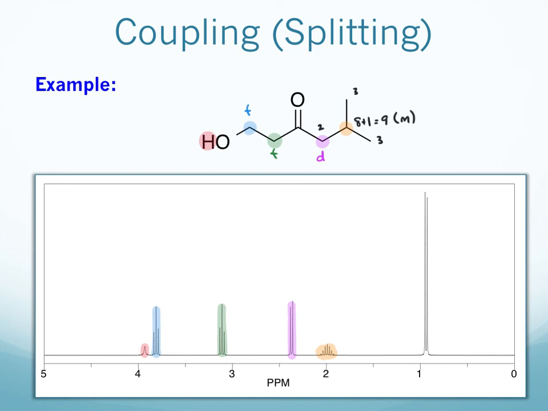And then finally, we have these equivalent CH3 groups. Their only neighbor is this carbon with one hydrogen. So that's going to be 1 plus 1 is 2, or a doublet. And we find that doublet right here that integrates for the 6 hydrogen. That's why it's so tall.